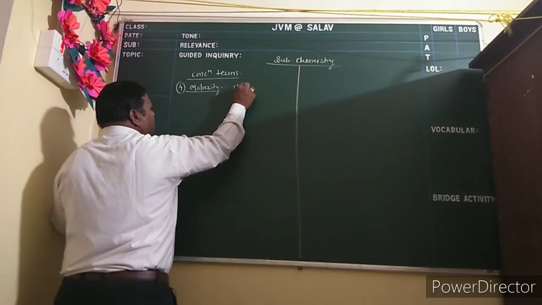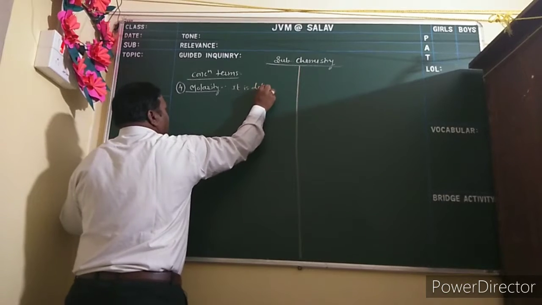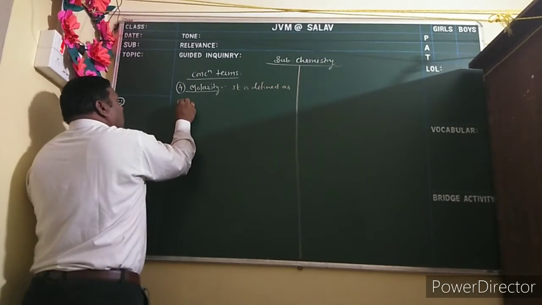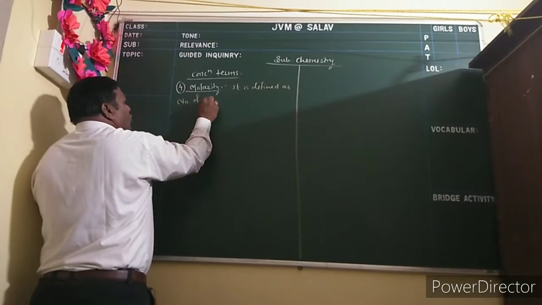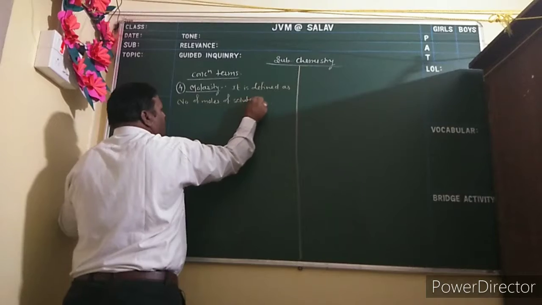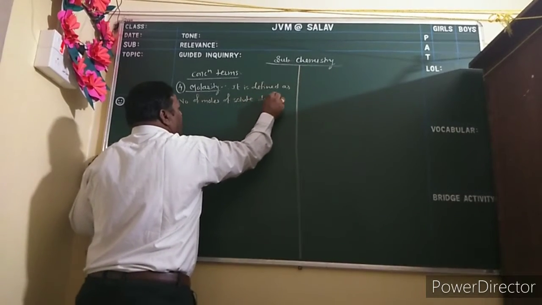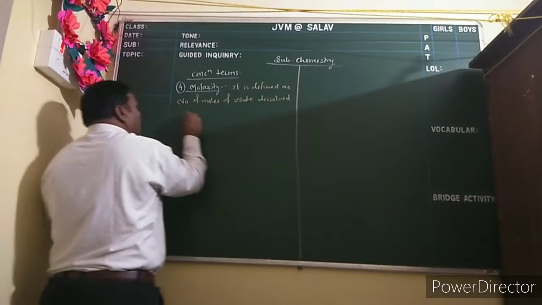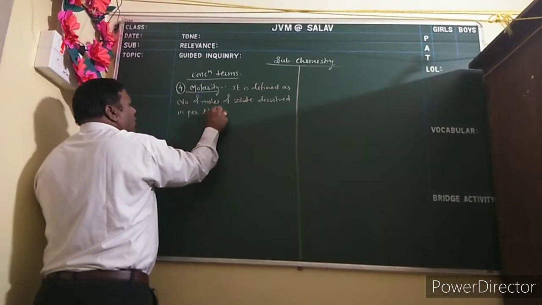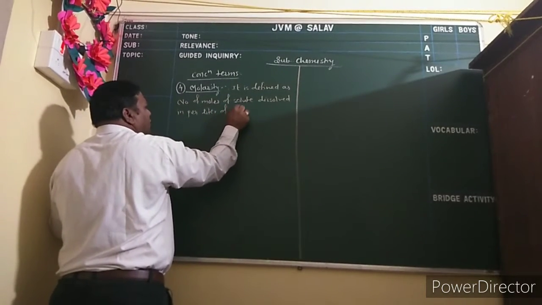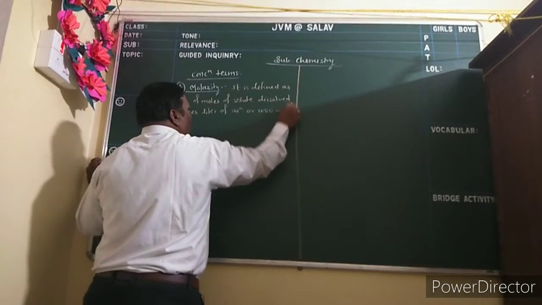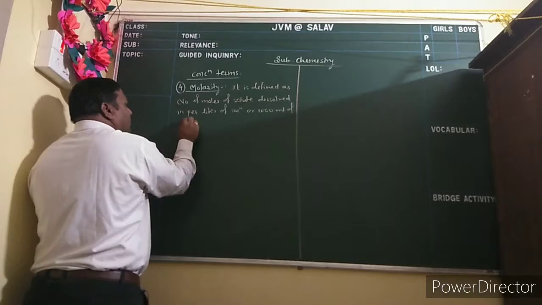It is defined as the number of moles of solute dissolved per liter of solution or 1000 ml of solution.